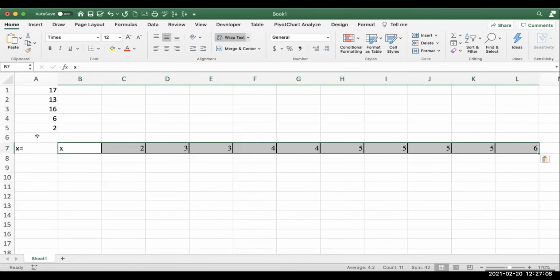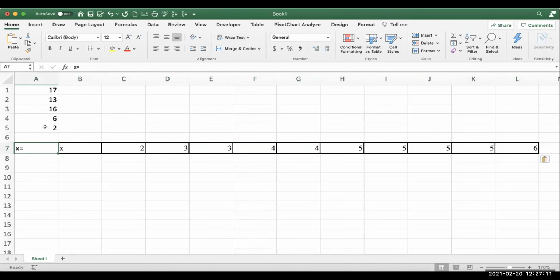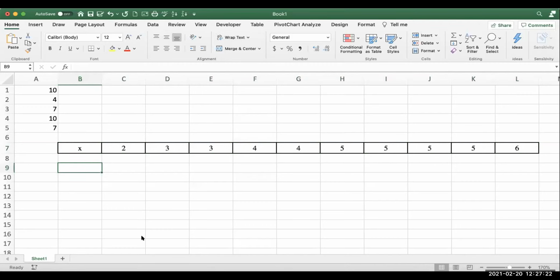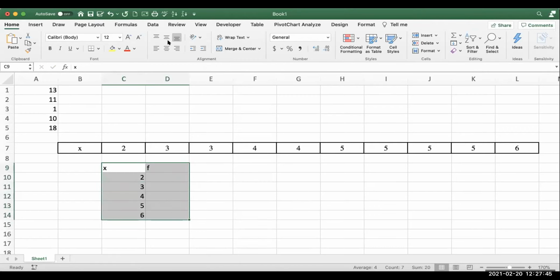Okay, so here are all my data values. So now let's construct a frequency distribution. So X, F. It can take on the values 2, 3, 4, 5, 6. Okay, good. And let me make it look nicer.